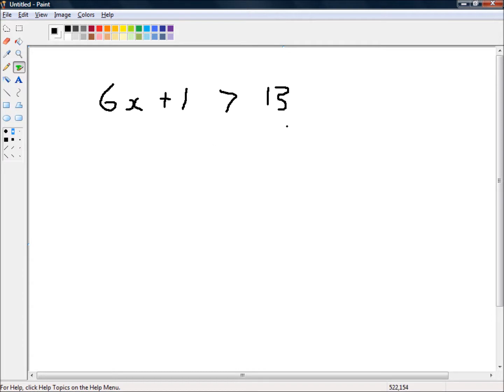Okay, well, we can subtract 1 from both sides of the inequality without changing the sign, so that means 6x is greater than 13 minus 1, which is 12. And we can divide both sides by 6 without changing the inequality, so x is greater than 2.